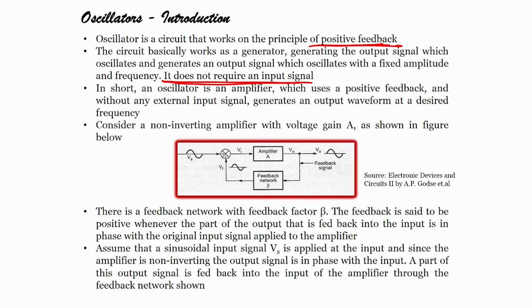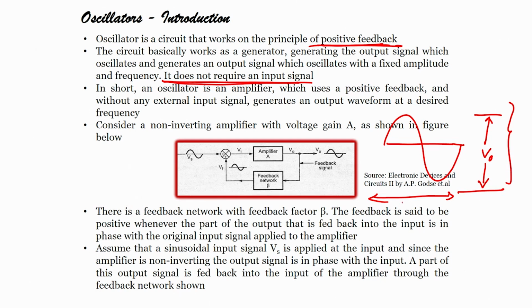That means we can generate an output with a particular amplitude, a peak to peak voltage, and a frequency, that is a fixed amplitude and fixed frequency, with the help of an oscillator.